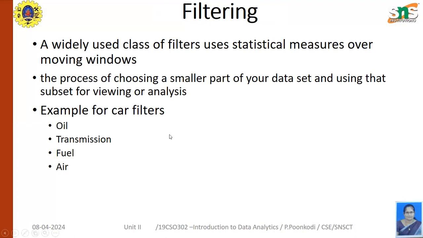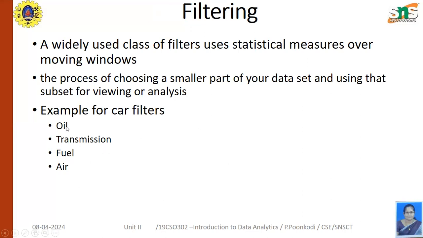For example, consider the filters used in a car: the oil filter, the transmission filter, the fuel filter, and the air filter. The air filter filters the air, the fuel filter filters the fuel from the fuel tank to the engine, then the oil filter and the transmission filter.